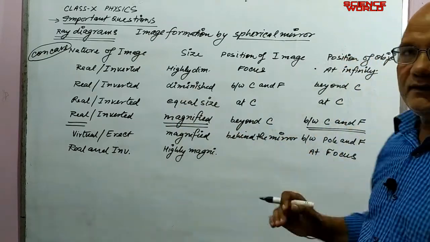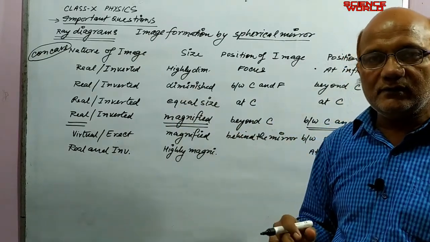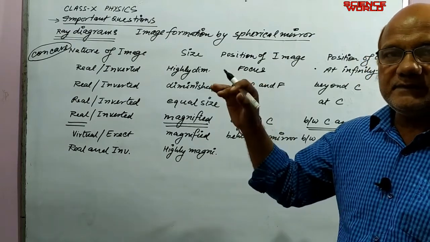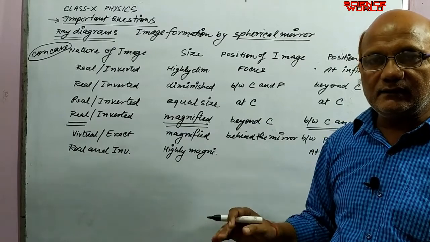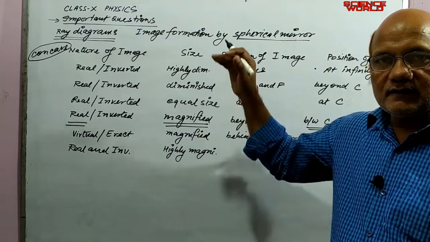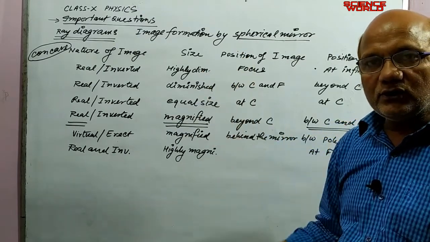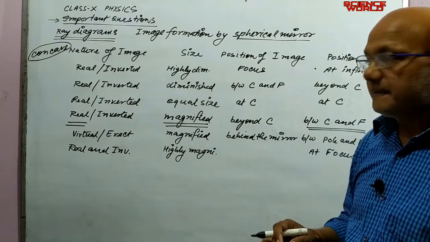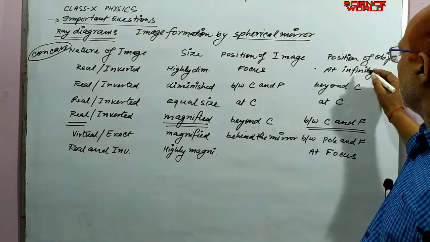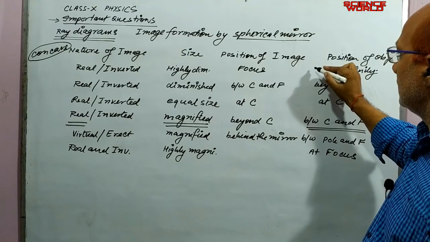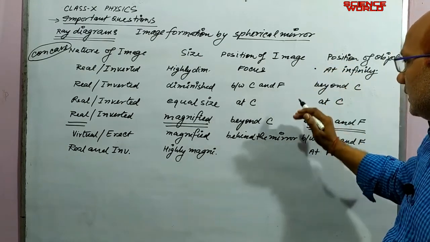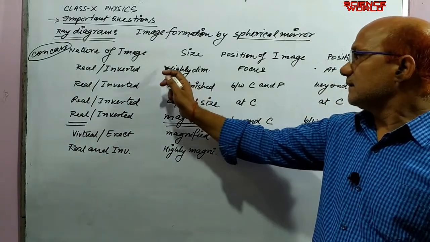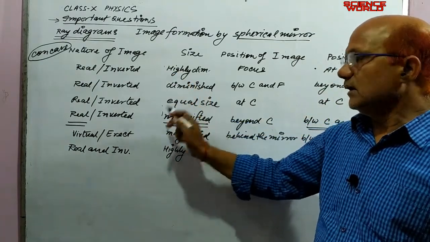Now, in this case, what you can observe is, when the object is brought closer to the mirror, the size of image also increases. Okay? Because when you are bringing the object from infinity toward the mirror, the size of image also increases.